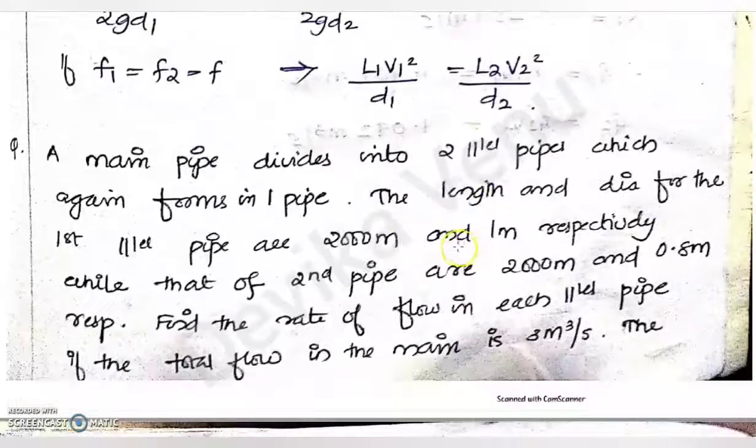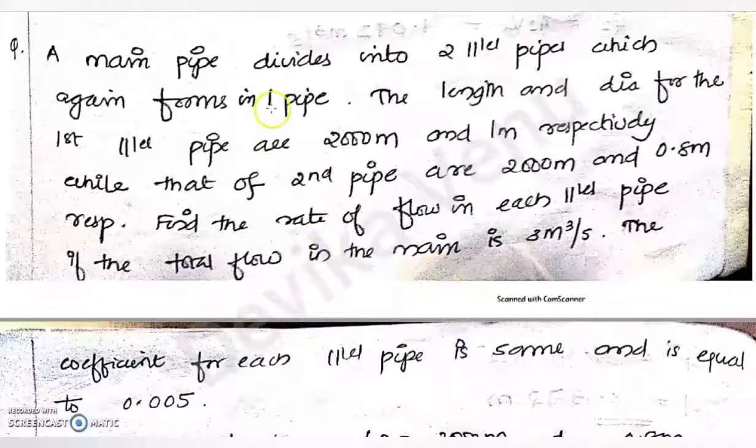So we'll see one problem here. A main pipe divides into two parallel pipes, which again form one pipe. The length and the diameter for the first parallel pipe are given, while those of the second pipe are so and so.